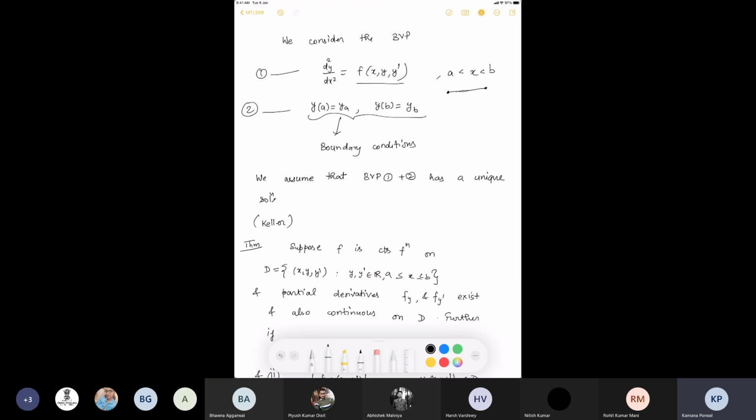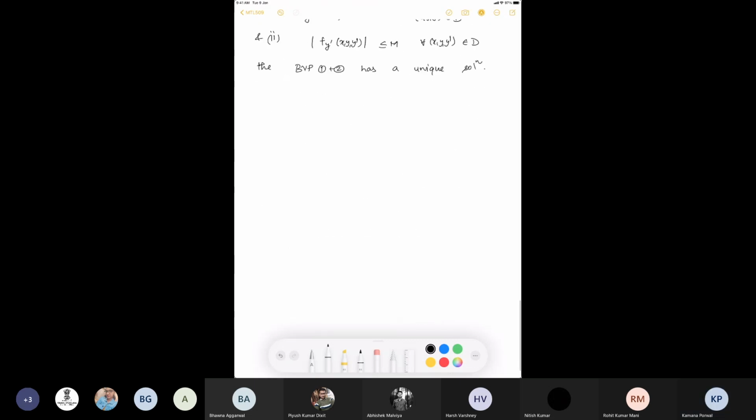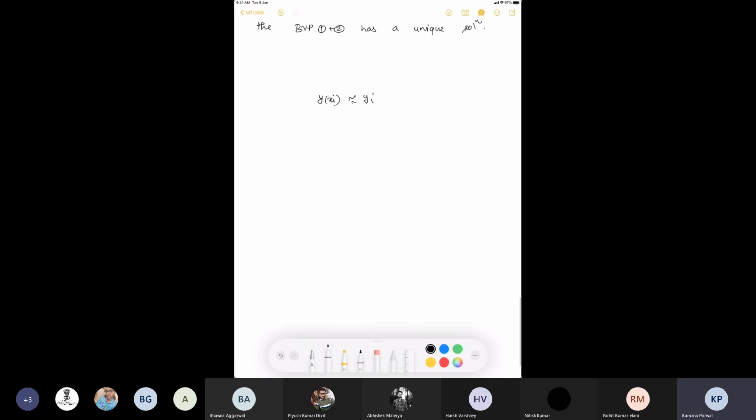The idea remains the same as in the case of the initial value problems: when we say numerical method, we will be finding the approximate value of y at the discrete points x_i, so basically we will be finding the y_i's. The method we are going to learn is the finite difference method.